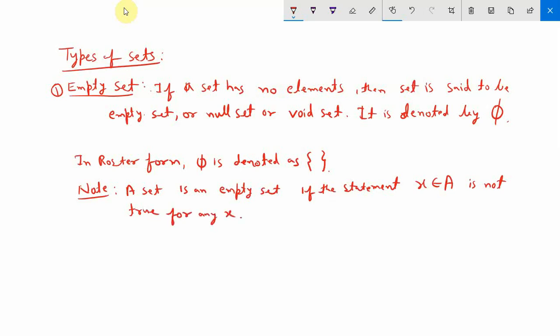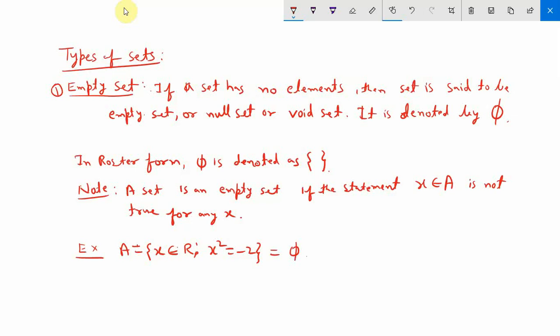Okay. So if we consider an example, a set A such that x is an element of real numbers such that x square equal to minus 2, and we know that the square of any real number cannot be negative, so it will be a void set.